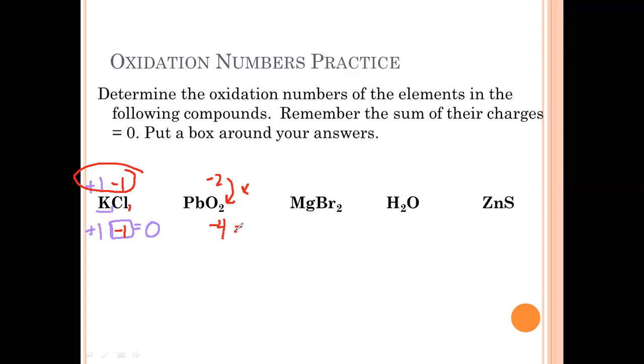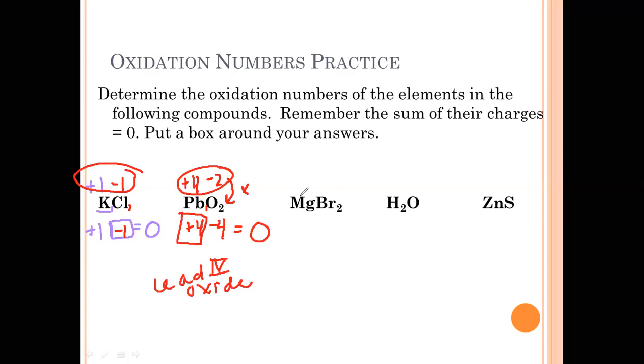The total charge has to equal out to 0, so that means lead has to be a +4. Since there's only one of them, lead is +4. And those are my answers, +4 and -2. The name of that would be lead 4 oxide. And this is where we have done these charges before.